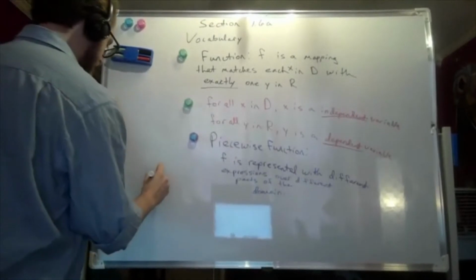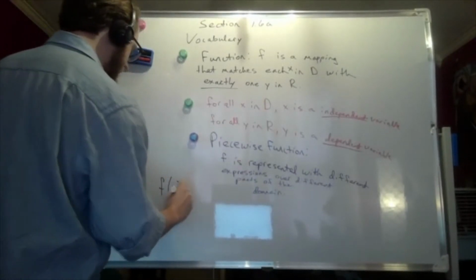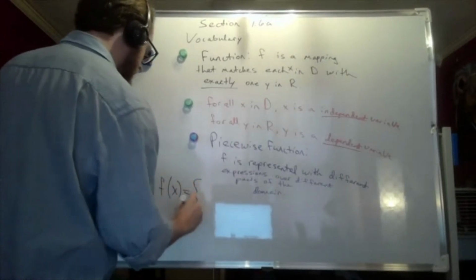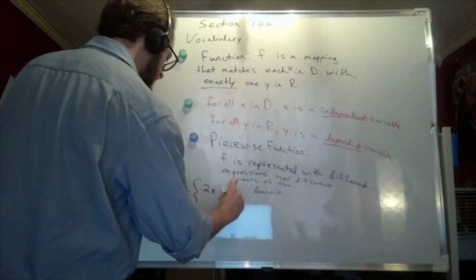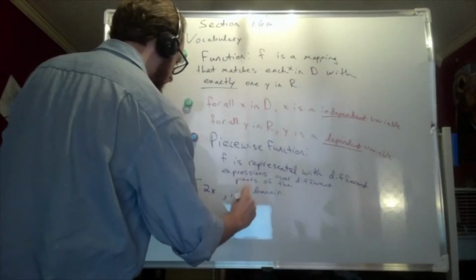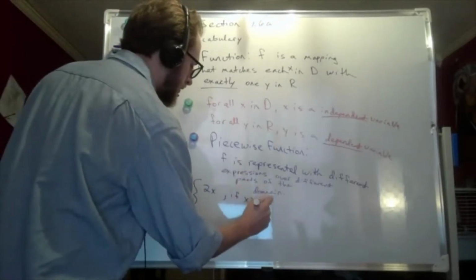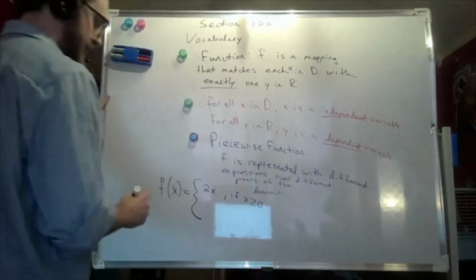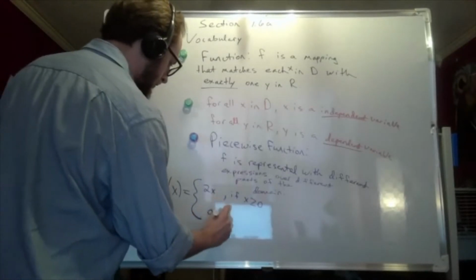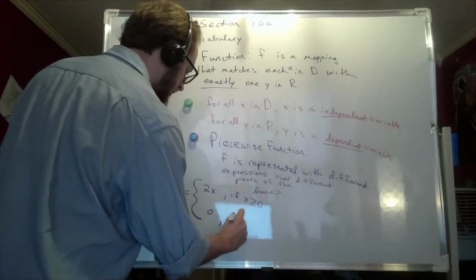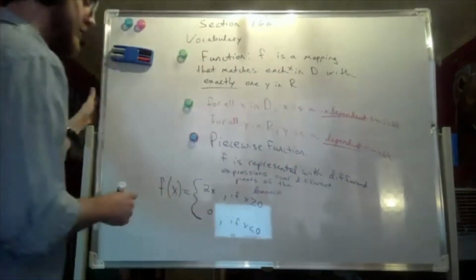For instance, if I have the piecewise function, f of x is equal to 2x if x is greater than or equal to 0, and 0 if x is less than 0.